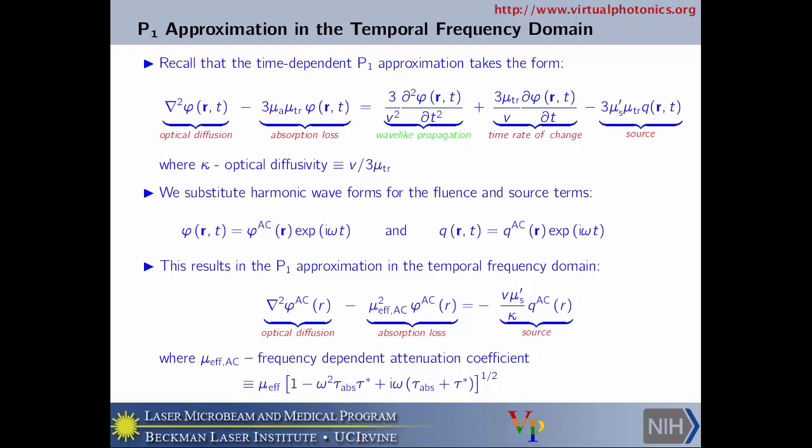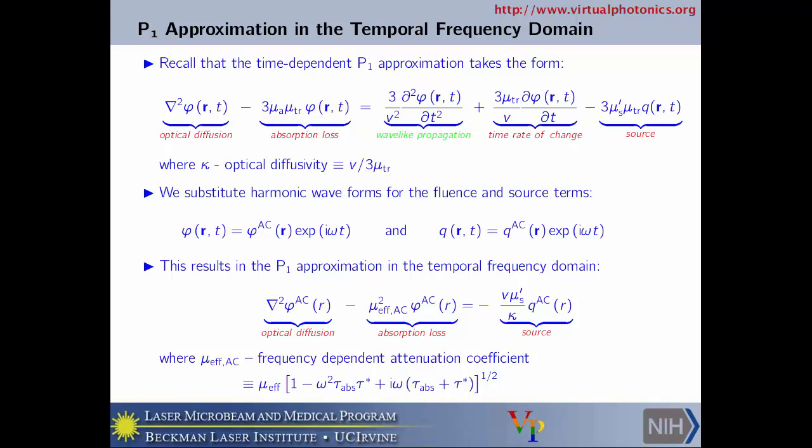If you assume a refractive index of about 1.4, the speed of light in tissue is about 2.1 times 10 to the 8th meters per second.